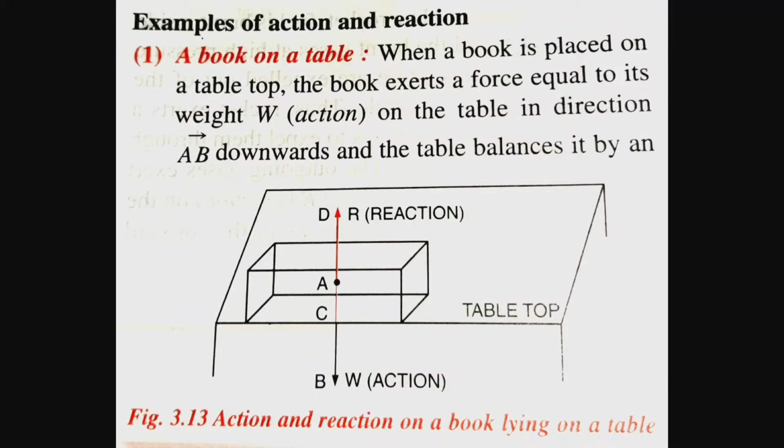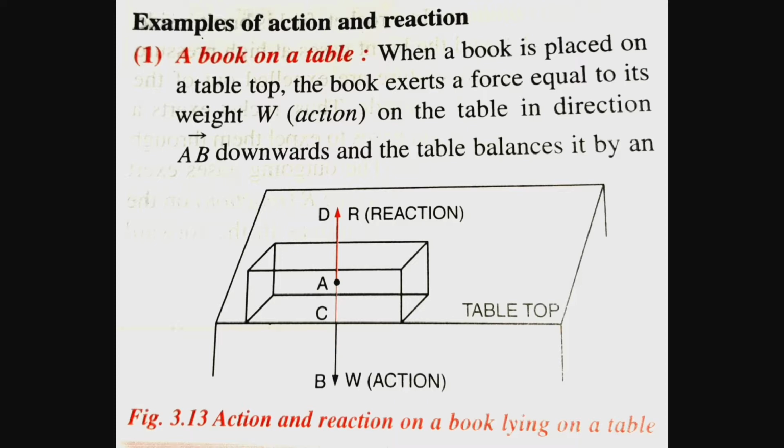The first is a book on a table. I have also given this example on the board. When a book is placed on a tabletop, the book exerts a force equal to its weight W due to gravity on the table in the downward direction. To react to this weight of the book, the table creates a force in the upward direction known as normal reaction.